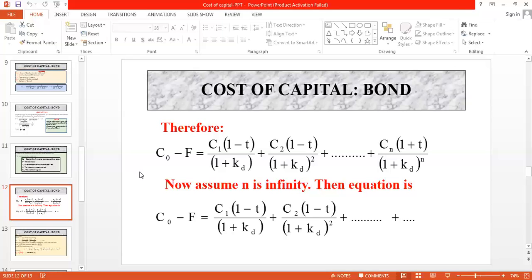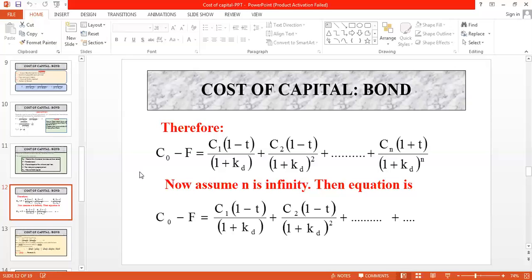It is an outflow for the company and an inflow for the bondholder. It is nothing but the interest that we are paying. So C1 is the interest figure of the first year. With this, we have multiplied 1 minus T. Multiplication by 1 minus T means we have considered the tax benefit C1 into T, which we have deducted from the interest amount C1. So our net interest burden is now C1 into 1 minus T. Similarly, for the second year it is C2 into 1 minus T and so on.